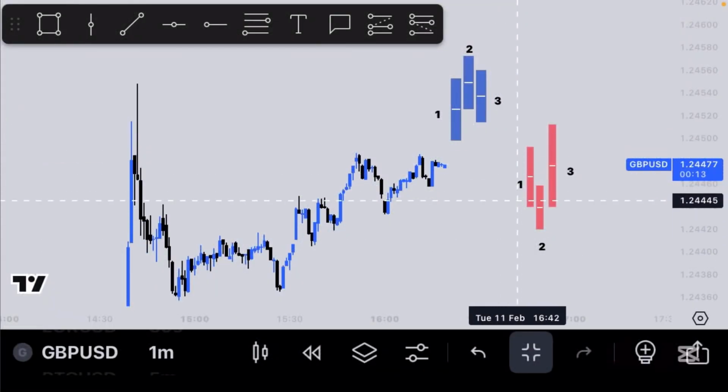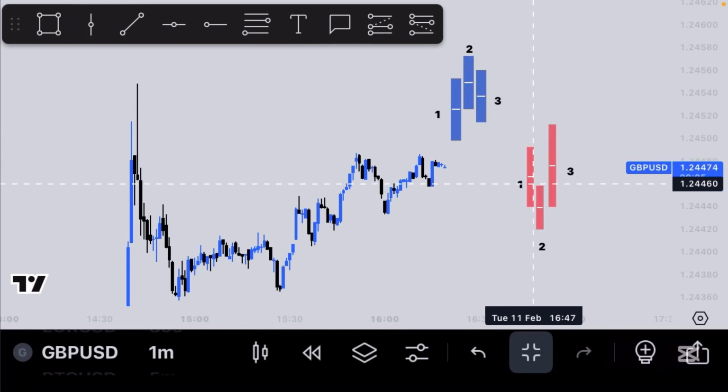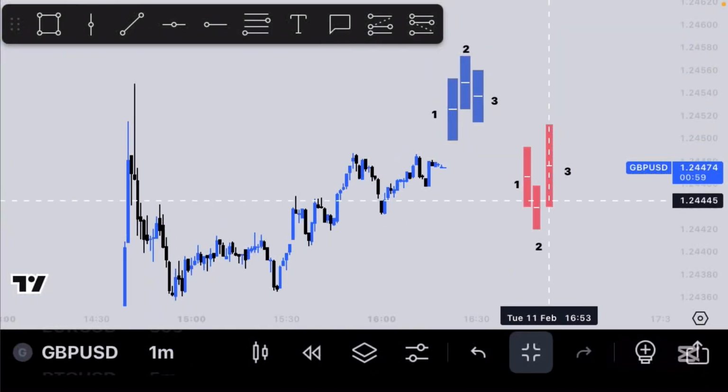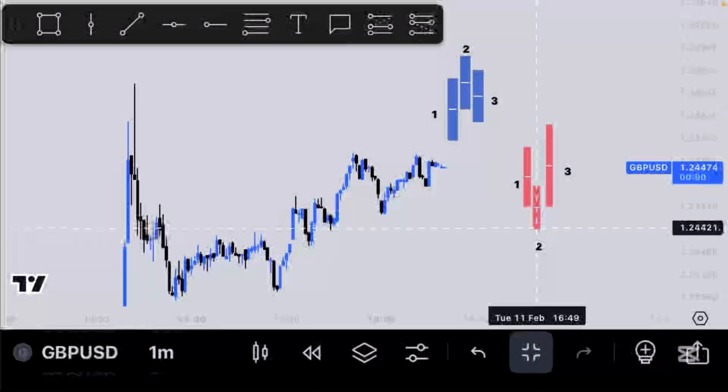If you look closely here at the red candles which I drew out, you can see that 1 and 3 are higher than 2. That means this is a bearish swing point, where sell side liquidity is resting.